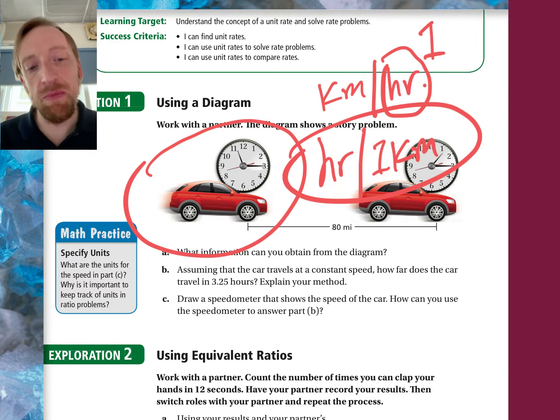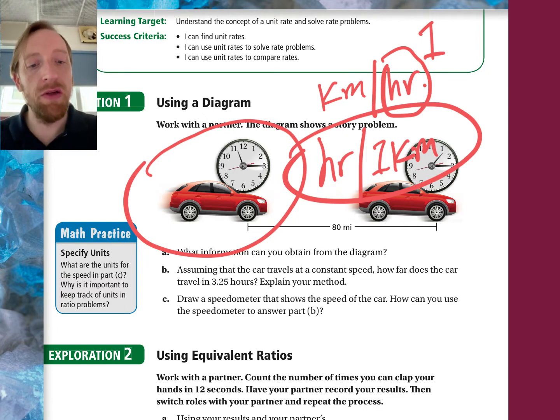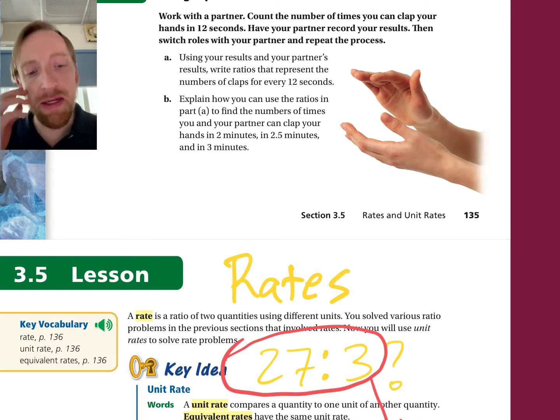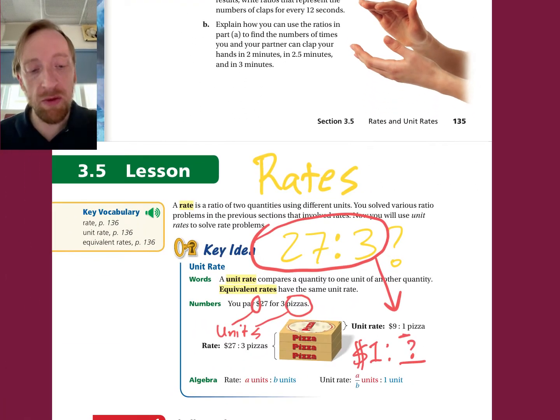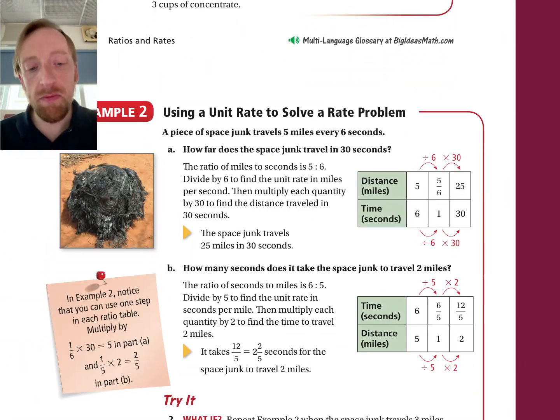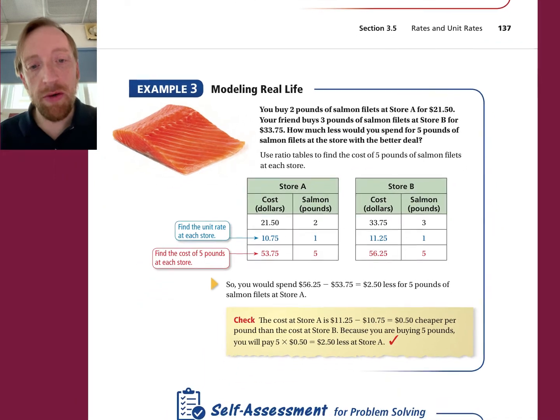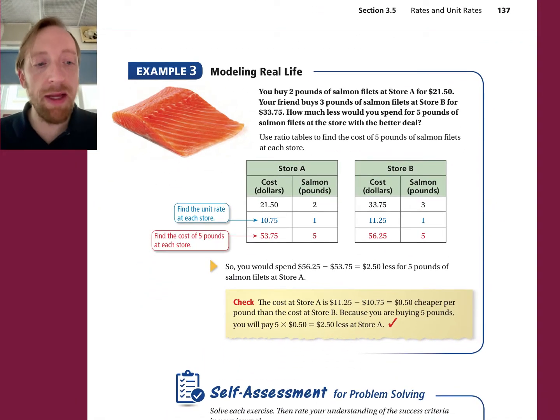We don't usually hear speed that way because that doesn't make as much sense to us. So make sure the unit that you're trying to find is the one that makes the most sense. So the price per 1 pizza, or in the salmon example, we want to know the price per pound of salmon. Then we can figure out which is the cheapest and buy that option if we're trying to save money.